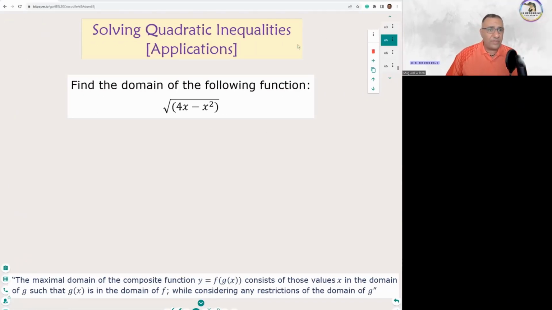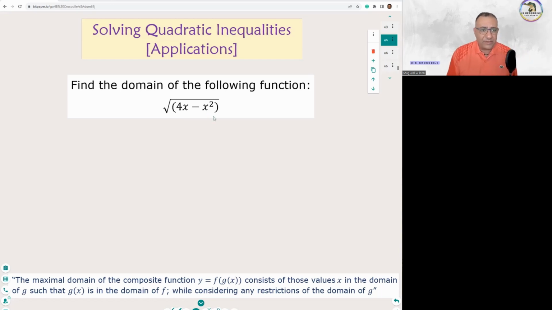One application of solving quadratic inequalities is to find the domain of certain composite functions. Let's have a look at this example. Find the domain of the following function, square root of 4x minus x squared.